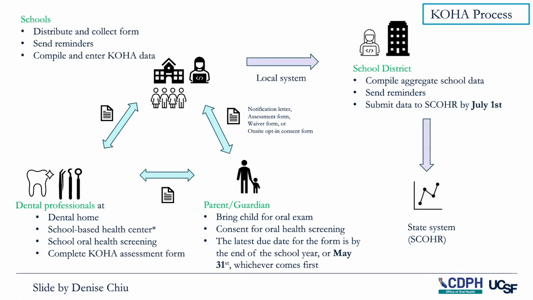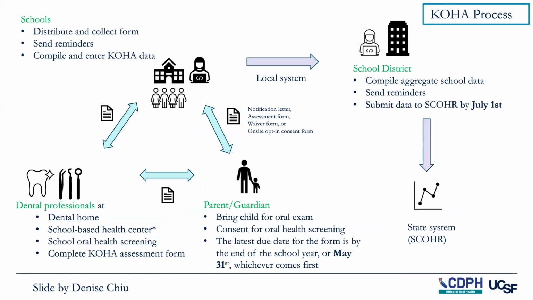So this diagram shows how our KOHA partners work together. Each group involved, which is schools, dental providers, parents, and school districts, is mentioned in green color in the slide. Starting from the lower left, dental professionals complete the KOHA assessment. Moving to the right, parents provide consent and return the completed forms by May 31st.